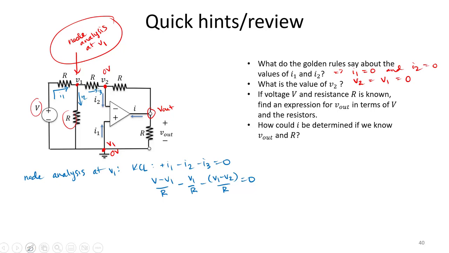And wait a minute, what did we say V2 was? V2 is 0 volts. So notice if V and R are known, we can find V1.